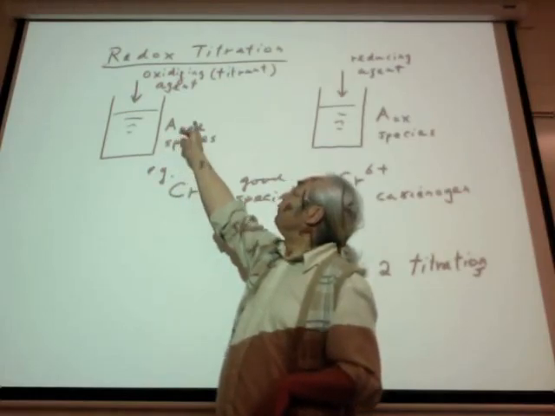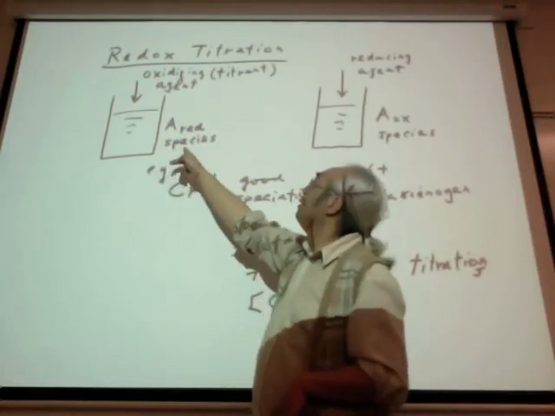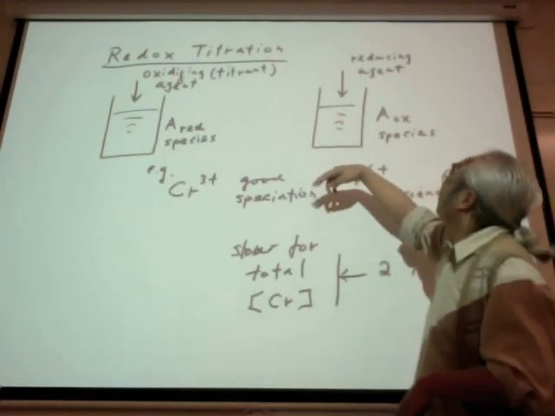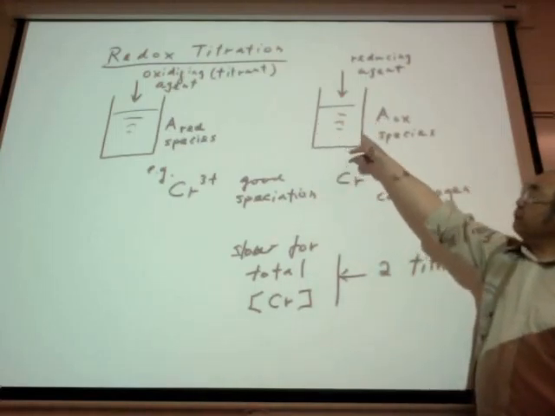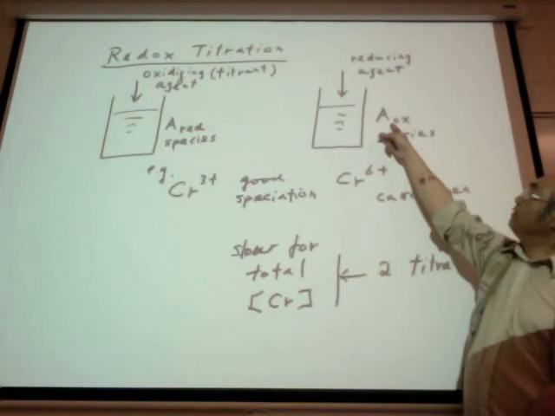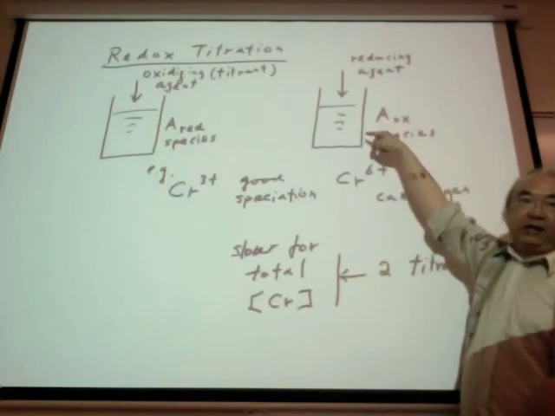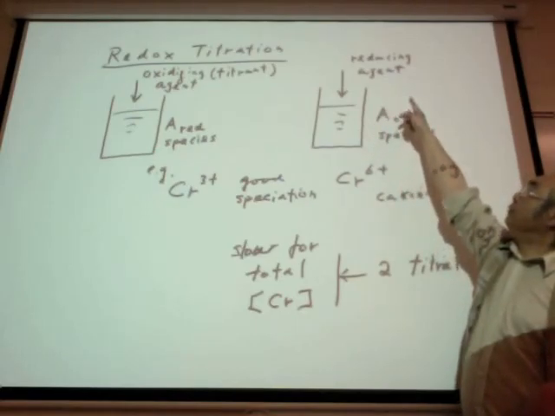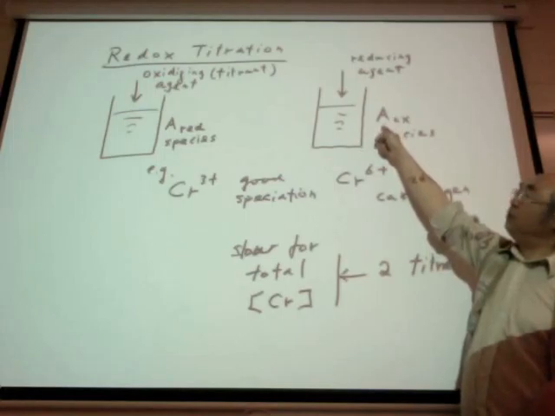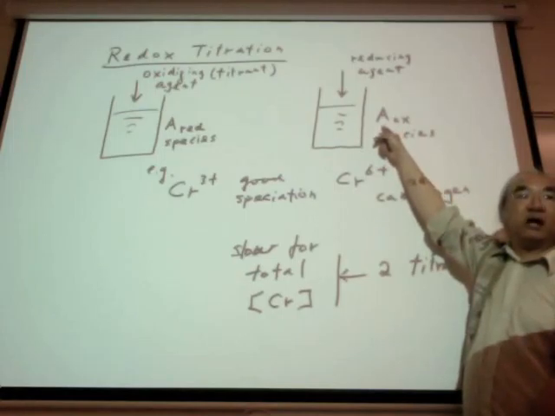So the reduced form will get oxidized. Now, in the same solution, some of your analyte could be in the oxidized form. So for that, then you use a reducing agent. So what it amounts to, if you use a reducing agent, only analyte in the oxidized form will be determined. Okay?